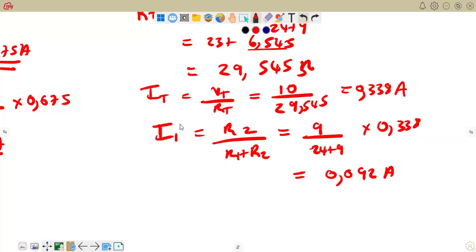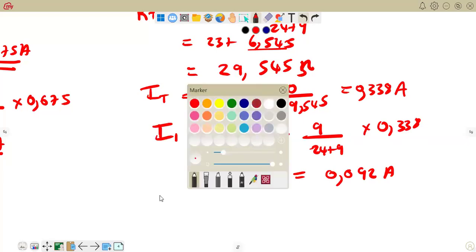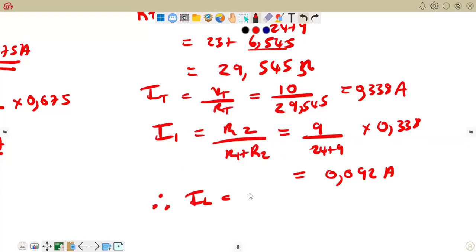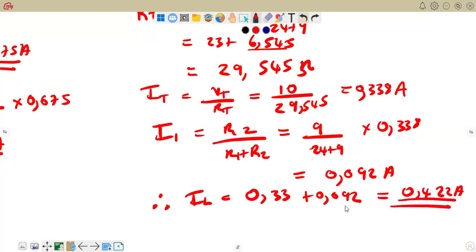So we can therefore say the total current through the 24 ohm resistor, IL, is going to be equal to the sum of the two currents that we calculated separately, the 0.33 we calculated initially, plus the 0.092 we now calculated upon short-circuiting V1. So the two currents will now mark our current through the load resistor, having been supplied by the two sources separately. That marks our current.